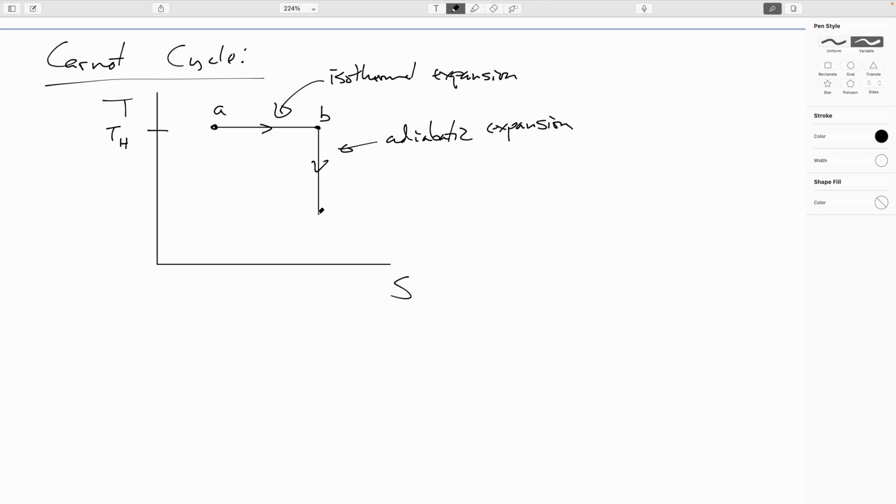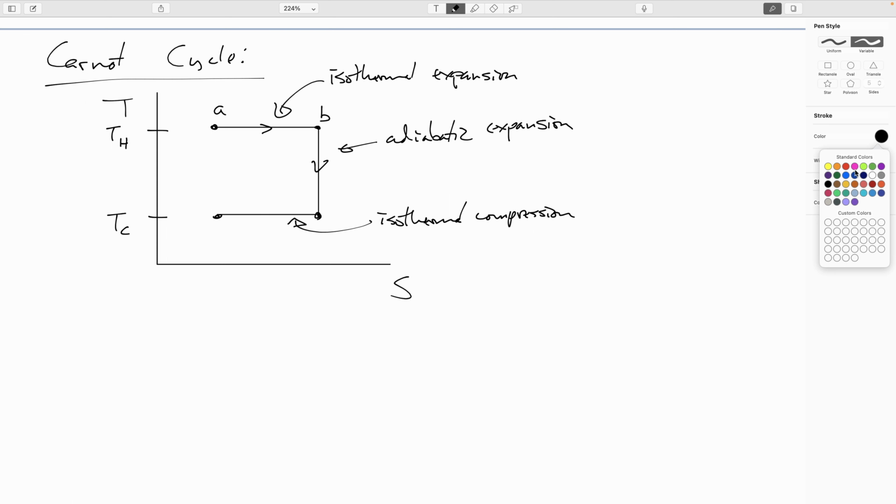And then we can go ahead and return back. Now here we want to lose as little heat to the cold reservoir as possible. So to do that, we want to use an isothermal compression. Anything else, you would be operating at some higher temperature for a moment.